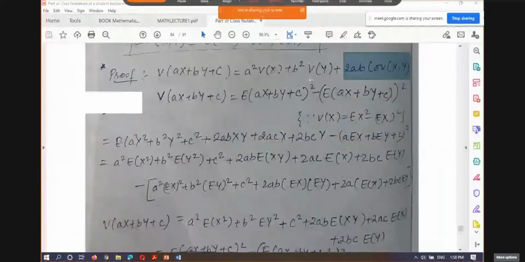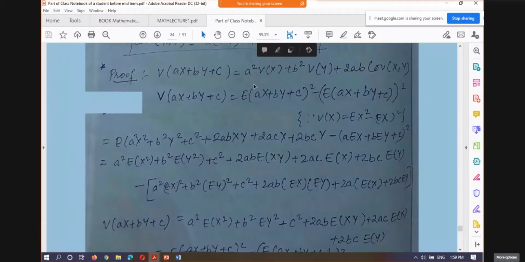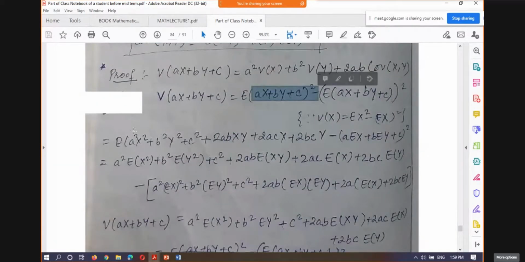Then it is actually a square, so I can expand it: x plus y plus z whole square is x square plus y square plus z square plus 2xy, 2yz, and 2zx. So I use that formula to write this, and I will get this one: a square x square, b square y square, c square, 2ab xy, 2ac x, and 2bc y.